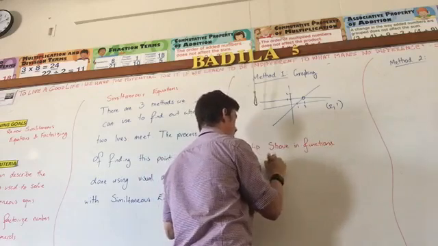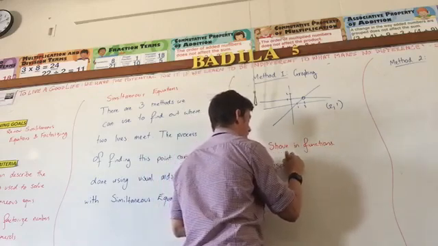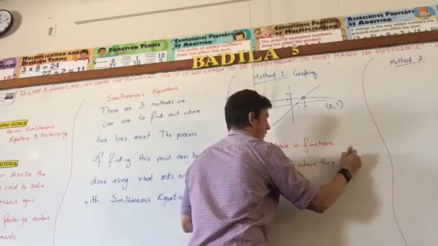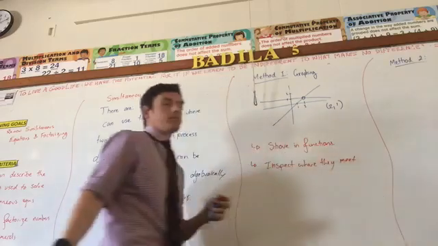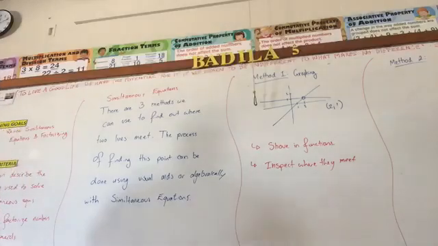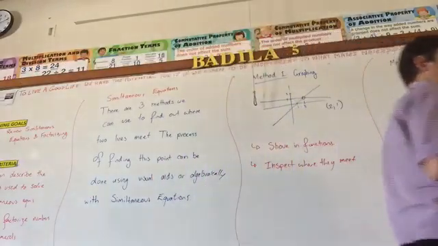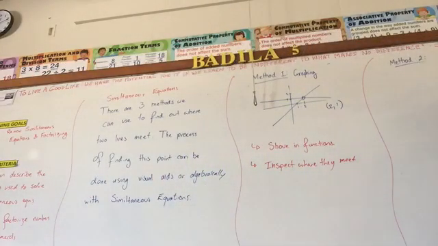Shove in functions, inspect where they meet. If I don't have Desmos, I can still do this method, can't I? I just sketch the functions by hand instead. Cool? Are we happy with that?